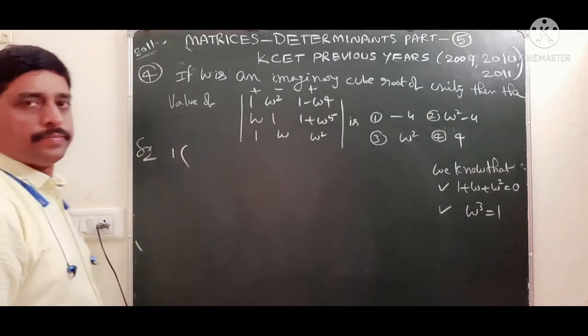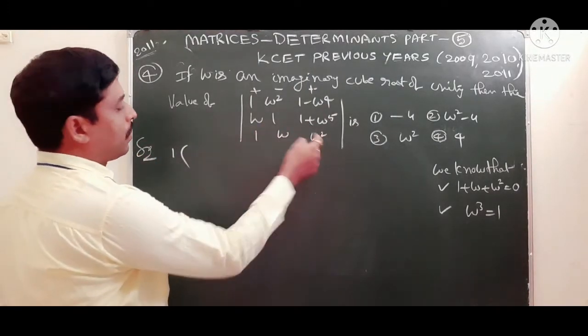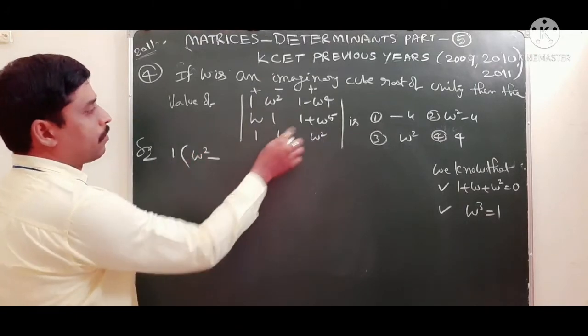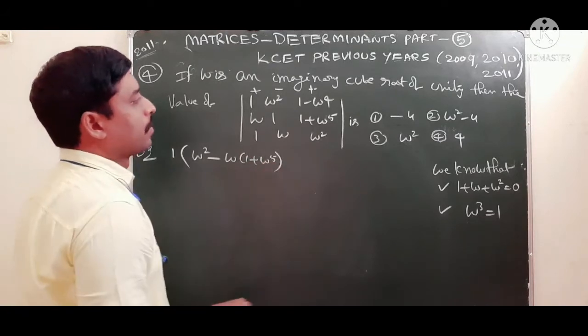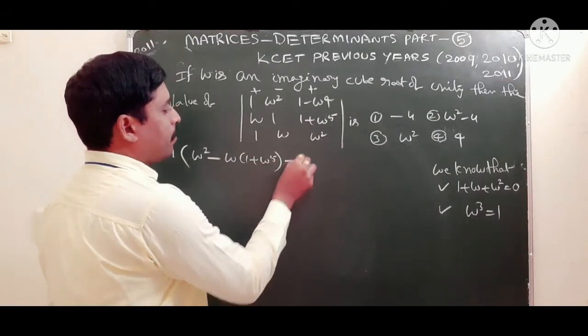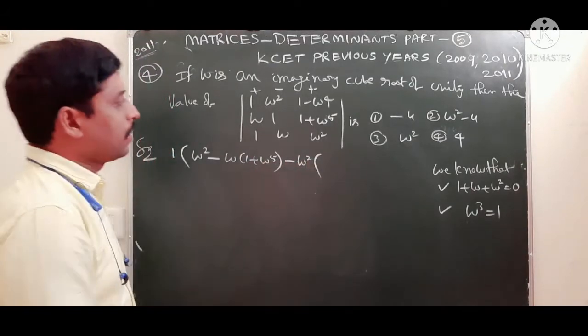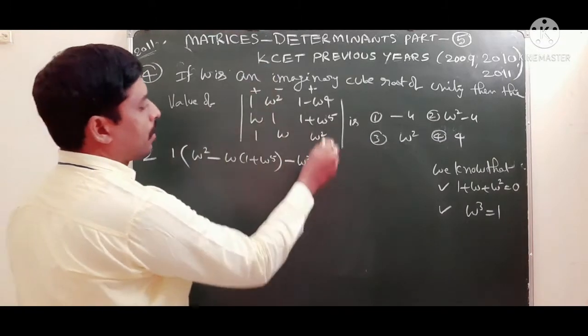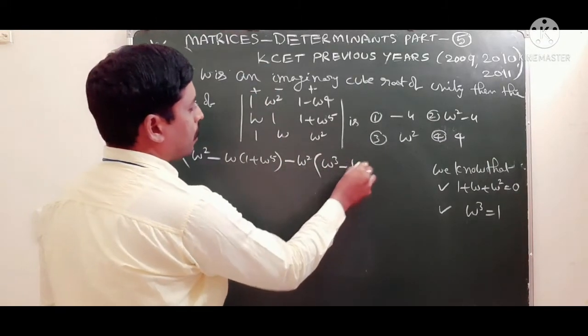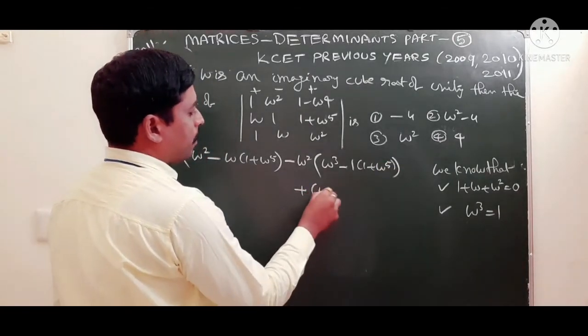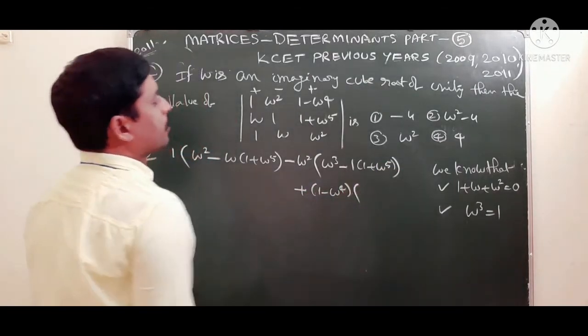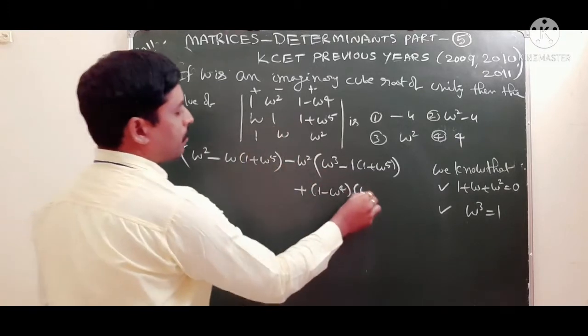1 into (omega square minus omega into this value), plus, minus omega square into (omega square into omega cube minus 1 into 1 plus omega power 5), plus (1 minus omega power 4) into (omega square minus 1).